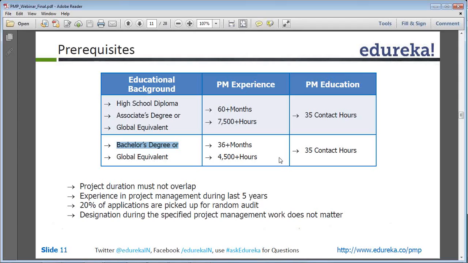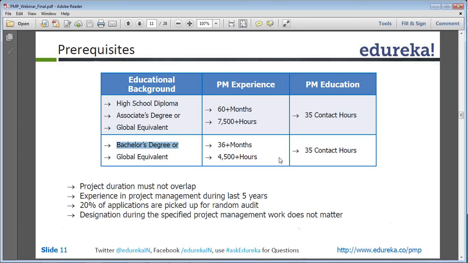Now, when you are filling up the application form, you cannot say that you have spent the full 22 days at 8 hours, that is 176 hours for September, in project A, as well as 176 hours in project B. That will be basically double counting. So you have to give only how many hours you have spent in each project in the respective project management related role.